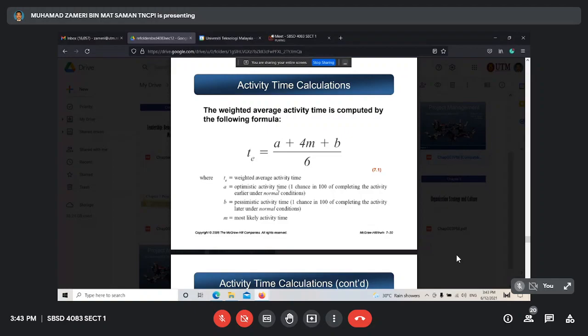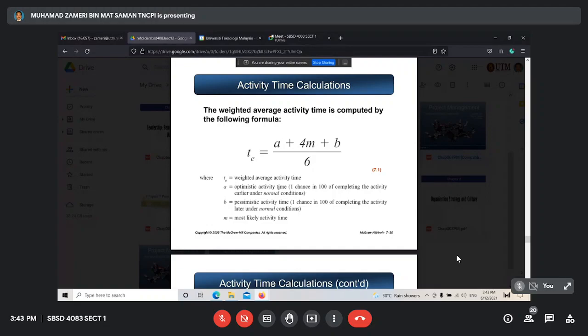That means we target 10 days, but it can be minus 2, which is 8, or plus 2, which is 12. So for the painting process, it is between 8 and 12. Minimum 8, maximum 12, but our target is 10. We cannot just mention 10 because it is very risky and something may happen in the future.